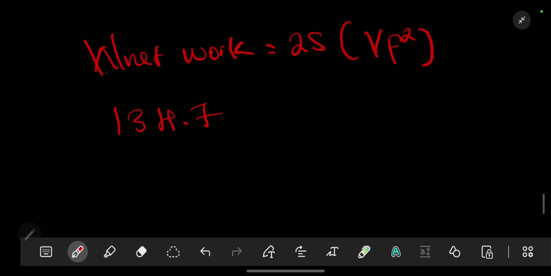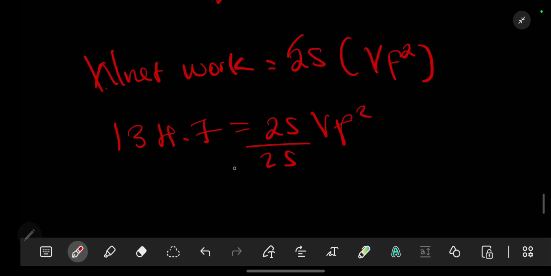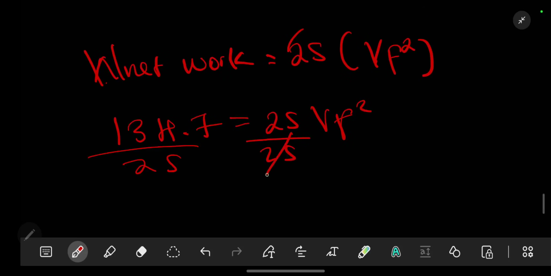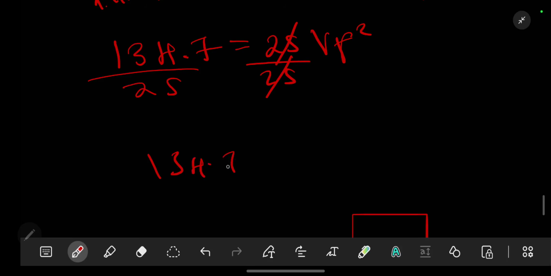So that is why if you add all the work, the frictional force, the forward driving force, the gravity and all that, that is the net work done. It should be equal to 25 times v final squared. In this case, we divide by 25, which is going to be 134.7 newtons over 25 should be equal to v final squared.